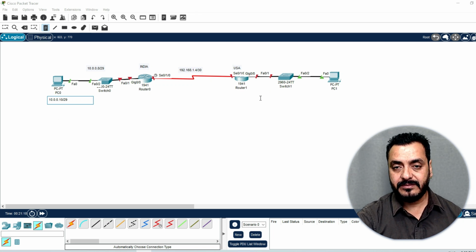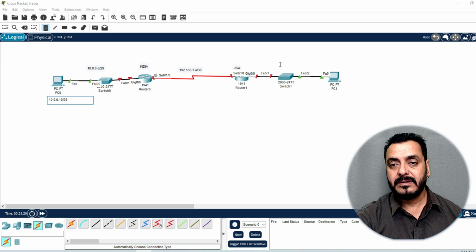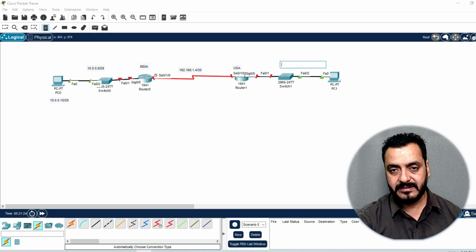Now we have to again configure the third subnet, that is a LAN subnet, on the USA network router.